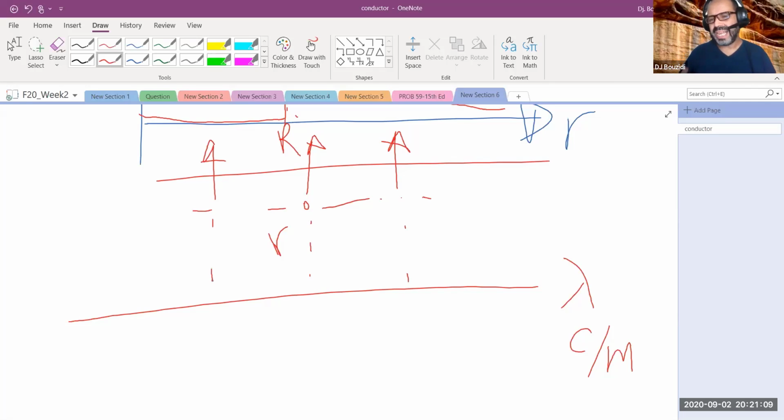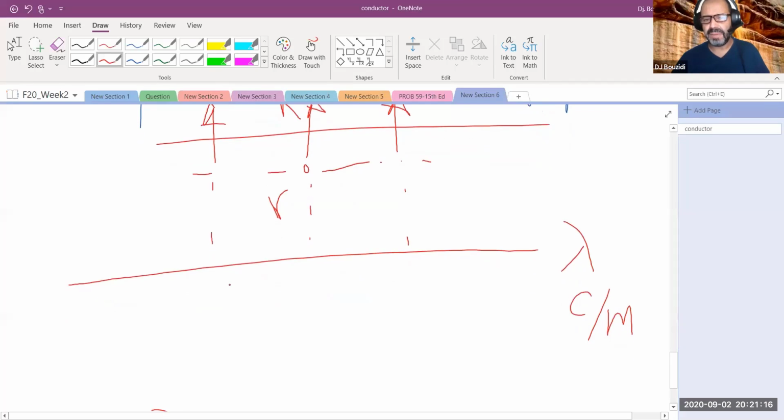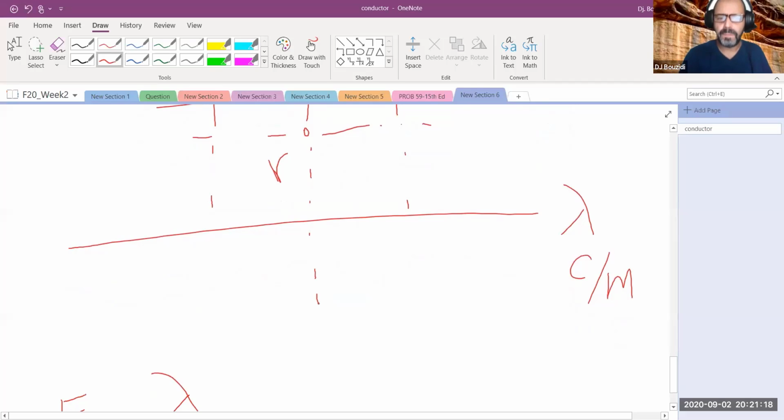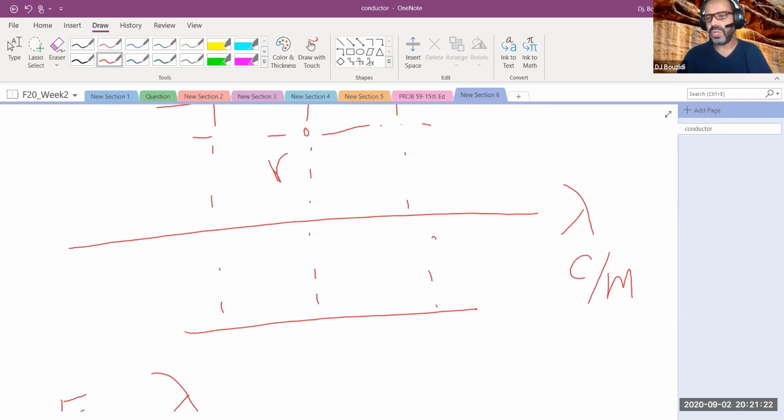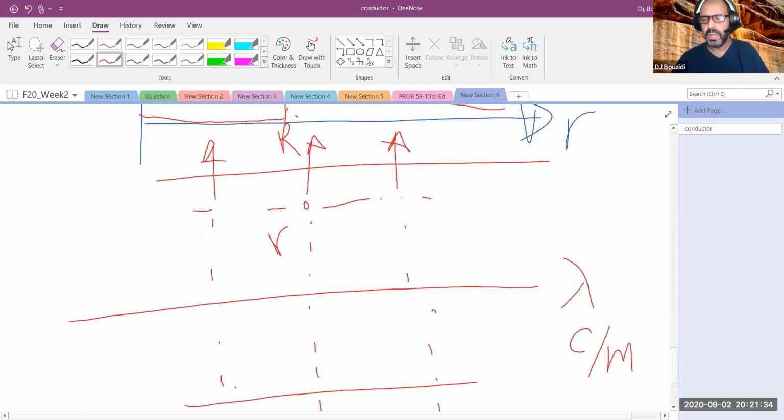The only way this can be is if the electric field is the same everywhere at a distance r from it. And it's the same anywhere in here too. Because again, if I spin it a distance r, you should not notice. So whatever value was there, if I spin it enough, it's going to be there. So the value of the electric field at a distance r from it is the same. Okay, that's the argument.